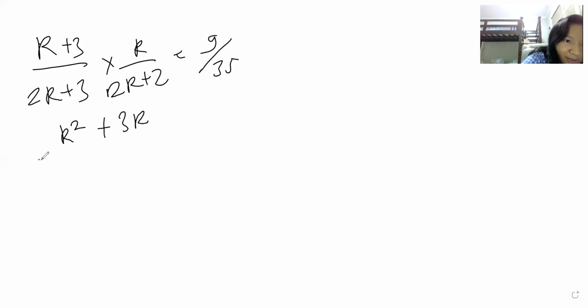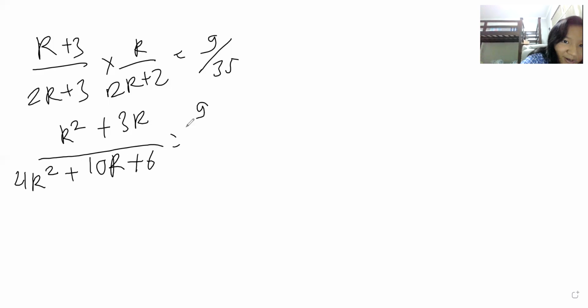If R plus 3 over 2R plus 3 times R over 2R plus 2 is 9 over 35, then I can just multiply this one first. This will be R squared plus 3R, and then this one 4R squared plus 10R plus 6, equals 9 over 35. I can just cross multiply this one to make it much easier.